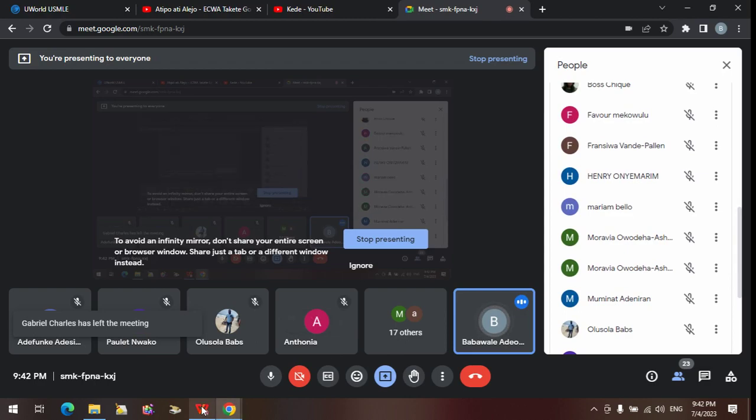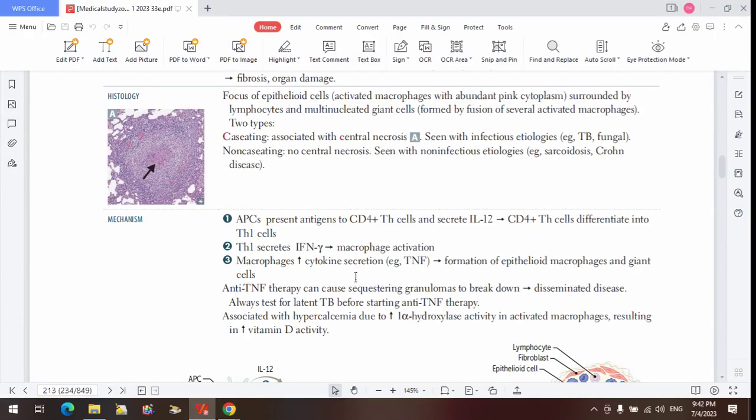Yeah, so what we are saying is, once the tuberculosis comes in, macrophages will respond to it because they're antigen presenting cells. They will capture some portion of the tuberculosis and they will go to the lymph node. Once they get to the lymph node, they will release interleukin 12. That's the first thing they do.